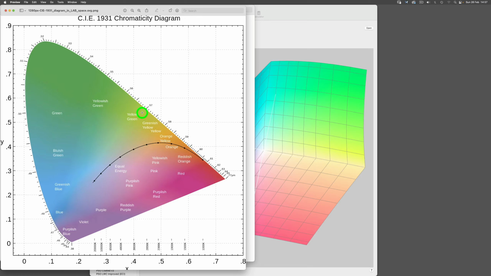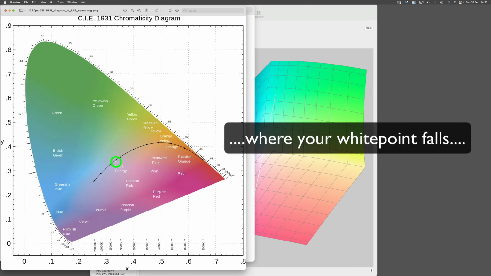But the one thing, as an interesting aside, you will notice where the little wordage descriptions are, wherever they figure the word green, or the colour green, so we've got greenish yellows here. This is equal energy red, green and blue. So this is where your Planckian locus falls.